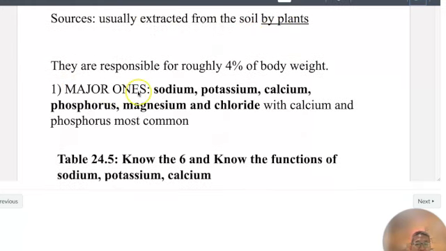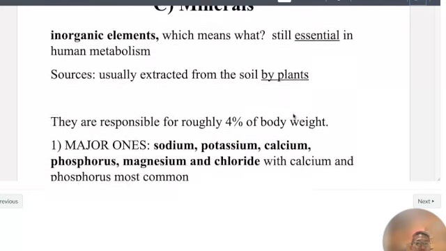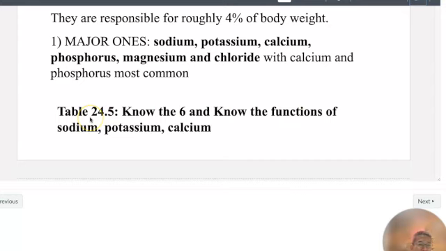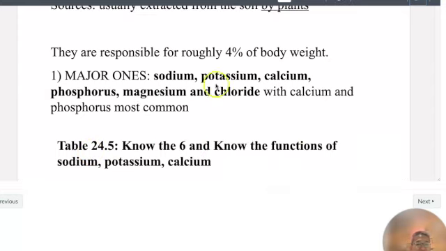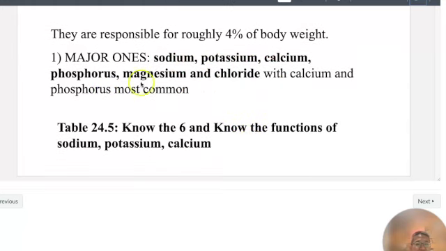So some of the major ones are sodium, potassium, calcium, and all that good stuff. They're all minerals. Okay, know the 6 of them that we saw here earlier. Okay, just the name of them, but know the function of sodium, potassium, and calcium.